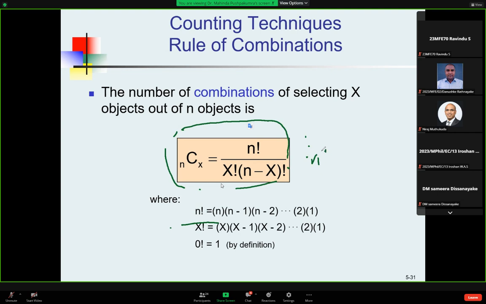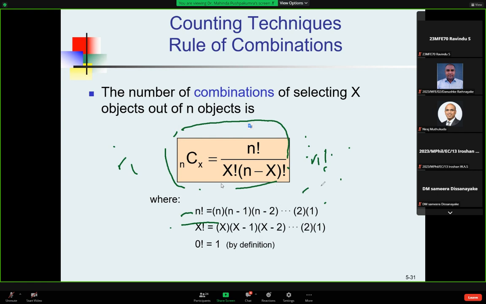This symbol stands for factorial. Factorial means, let's say n factorial is equal to n into n minus 1, n minus 2, up to 1.